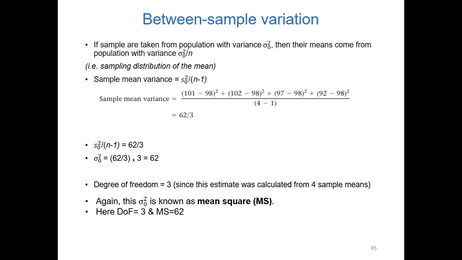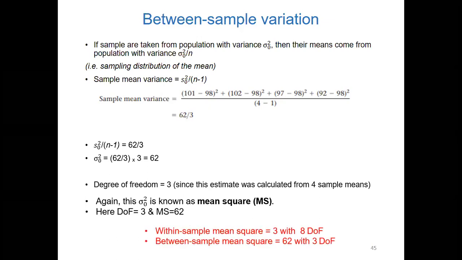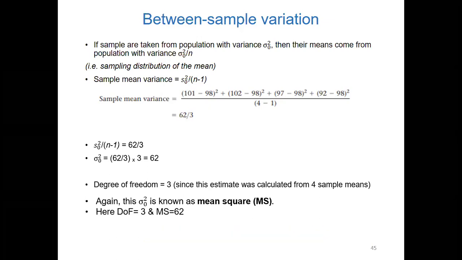And again, this sigma naught square here is also known as the mean square. Mean square is 62. And the degrees of freedom is 3. That is the sample variation. That's the between sample variation. This is called between sample variation.